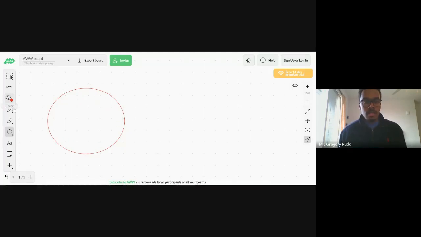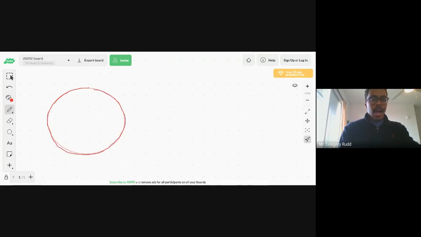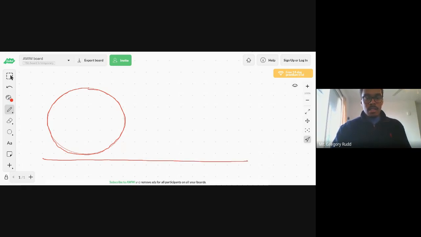The circumference of a circle is the size of its outer ring. So if I were to take what I just drew and stretch it out like this, let's just call it 10 as an arbitrary number.